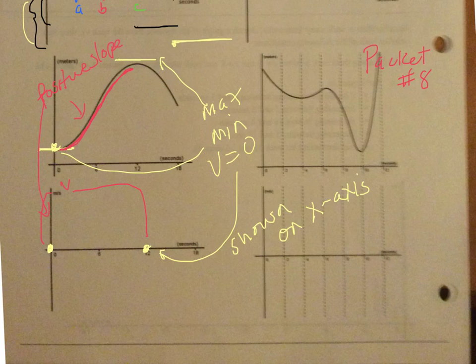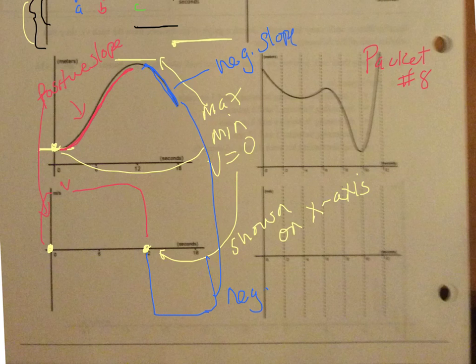Where instead, on the part after 12, this section in here, my function has a negative slope, so I have to draw my graph somewhere below the x-axis.